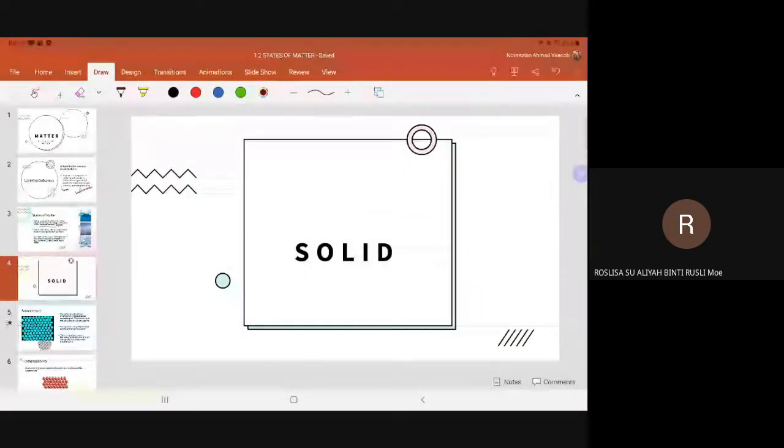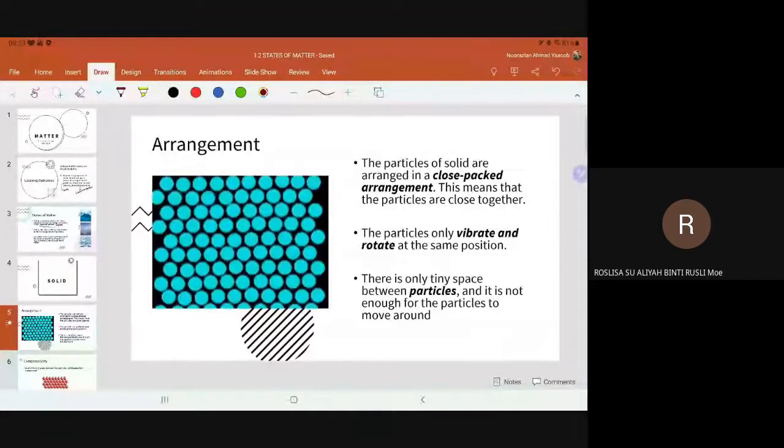Alright? So let's have a look at the first state of matter, solid. For solid, its particles are arranged in a close packed arrangement. The ones I bolded are keywords. If a question asks to describe the arrangement of particles of solid, you want to say that it is close packed, or alternatively we can also write tightly packed.